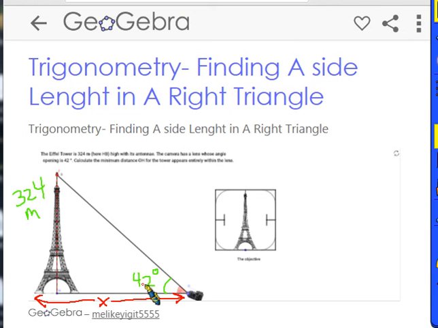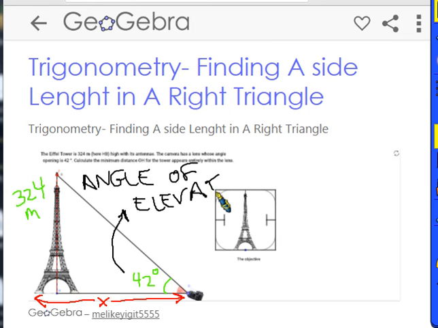So again, our angle of view is 42 degrees with our camera. By the way, this also has a fancy name called the angle of elevation, and maybe we should write that down and add that to our notes. We'll see that again in other word problems, but it'd be nice if you knew the definition.